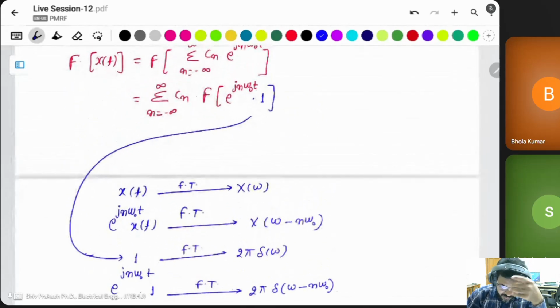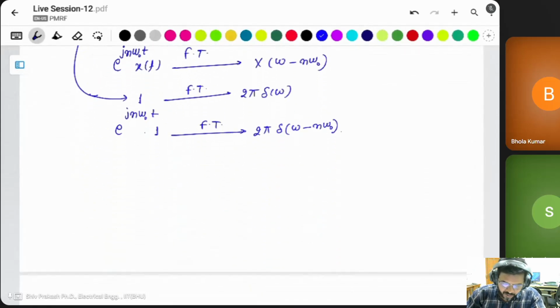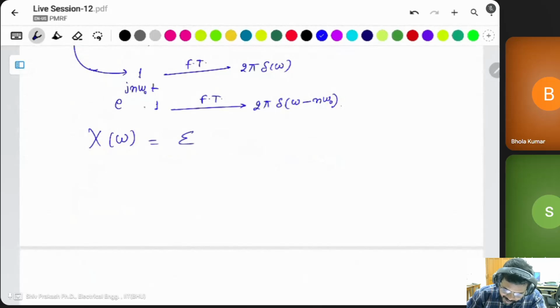Then what is next? We'll find the X(omega) of this one. Summation of n is equal to minus infinity to plus infinity Cn into the Fourier transform of that function. It will be 2 pi del of omega minus n omega naught.